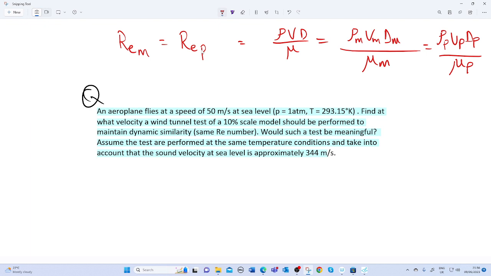Don't let us forget that prototype is what we are referring to as full scale in this particular question, which is the real aircraft, while the model is the one being tested in the wind tunnel test.